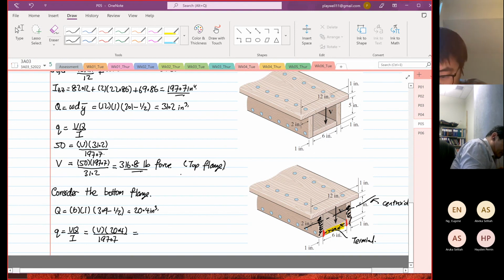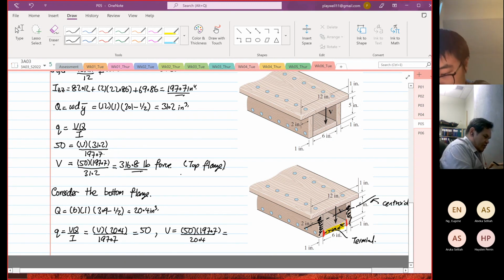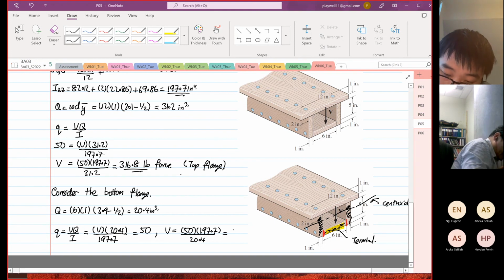And then this whole thing will be equal to 50. So therefore V is equal to 50 multiplied by 197.7 divided by 20.4. Okay, so 50 times 197.7 divided by 20.4 is equal to 484.6 pound of force, and this is for the bottom flange.